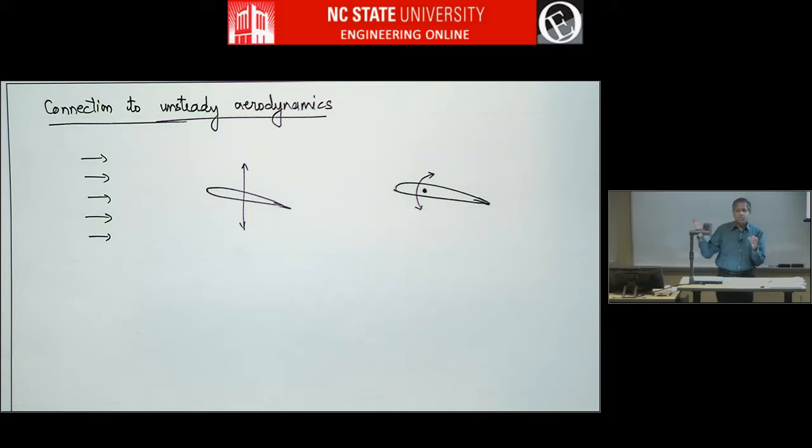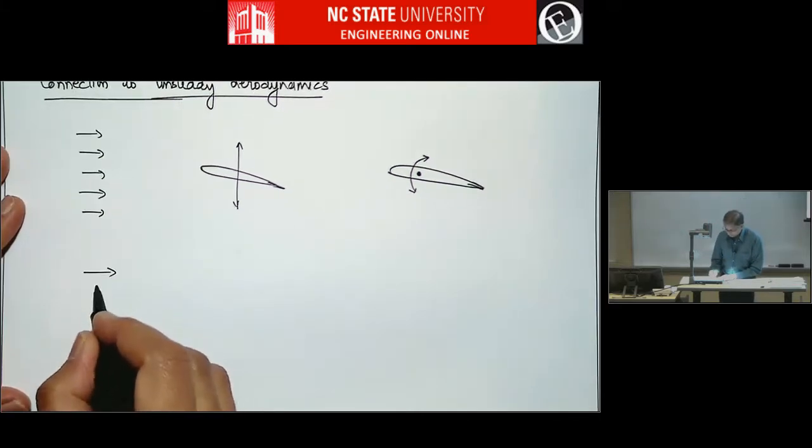So what will happen to the shed vortex? It'll be of the opposite sign. So if an airfoil is going, sometimes pitching up, sometimes pitching down, maybe in a sinusoidal fashion, you will have alternating vortices of opposite signs. So you will have stuff like this.